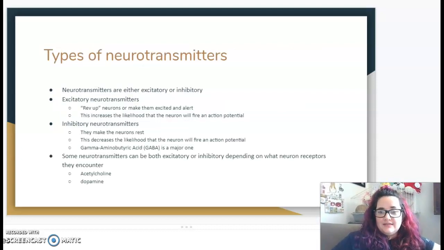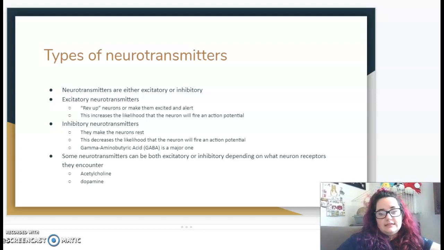So what are the different types of neurotransmitters? They're either excitatory or inhibitory. Excitatory neurotransmitters essentially rev up the neurons or make them excited and alert. This then increases the likelihood that the neuron will fire an action potential. On the other hand, inhibitory neurotransmitters make the neurons rest so they're in a more relaxed state, and this will decrease the likelihood that the neuron will fire an action potential.